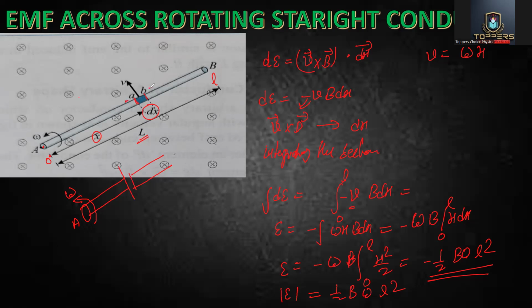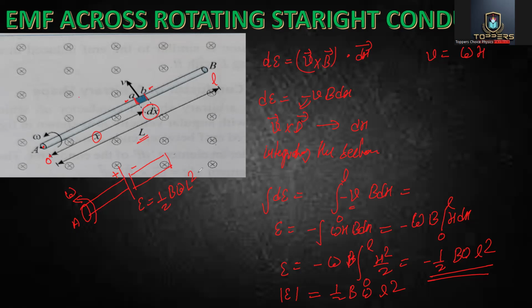We have taken AB here. This will be positive and this will be negative. So how much EMF will you be getting here? E will be half B omega L square, right? Hopefully this is clear for you.